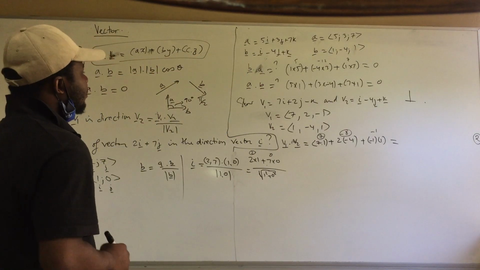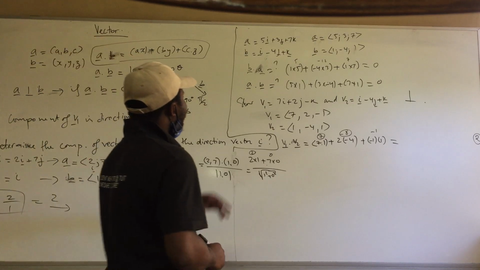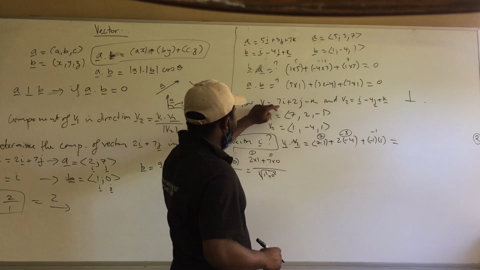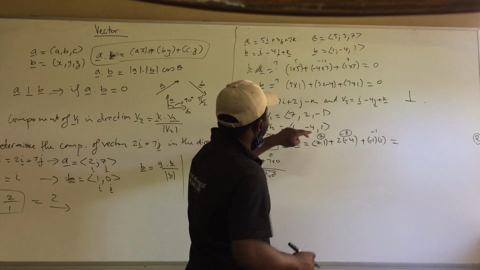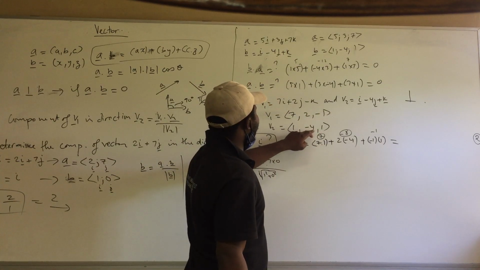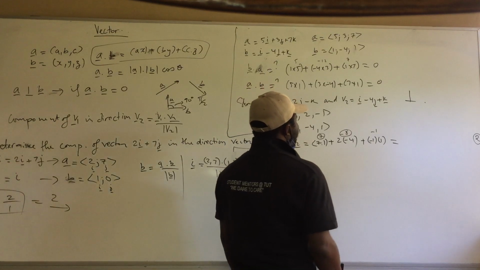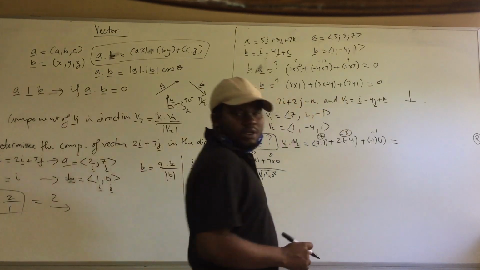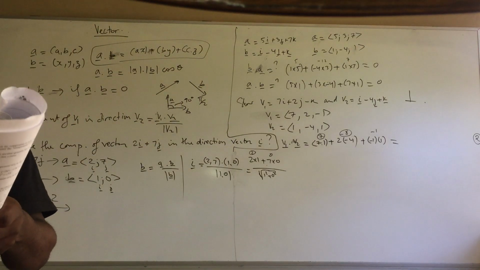Alright. So, this one, according to this example, it's 7, 2, and 1. And this one is 1, minus 4 and plus 1. Let me just make sure if I did copy exactly.